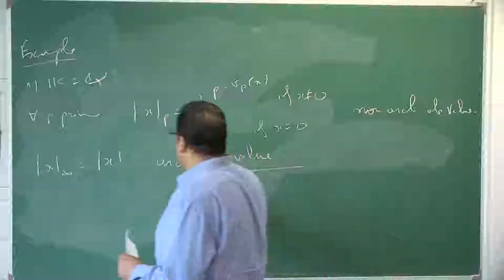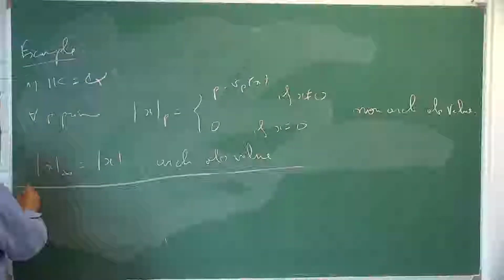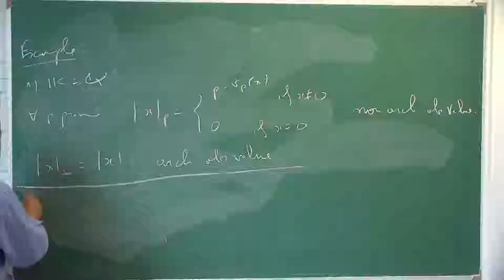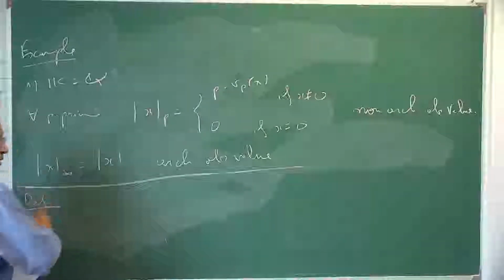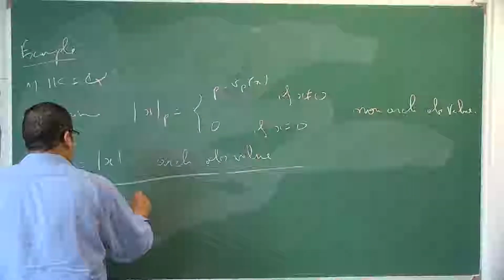Now I will define the notion of place. Definition. Let K be a field.